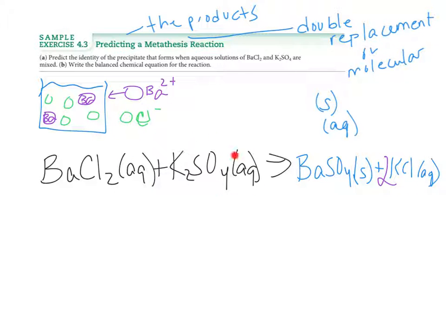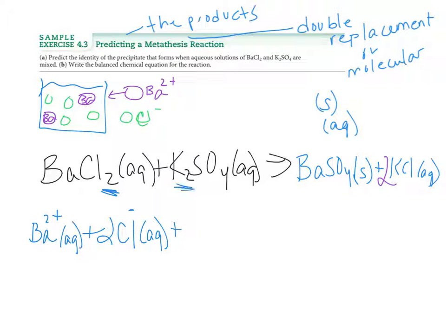Similarly, here the potassium ions are separate from the sulfate ions. Let's write a complete ionic reaction to show how everything is dissolved. We would have barium, we write the charge, we say that it's aqueous. We have two chlorines here, so we have two chloride ions. They are dissolved, so they are aqueous.